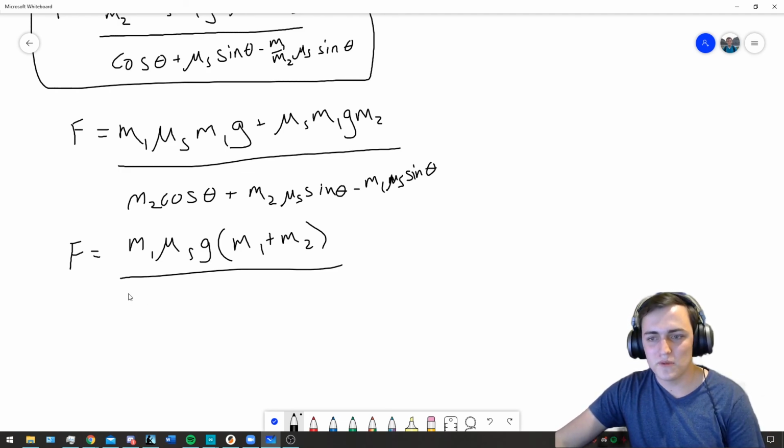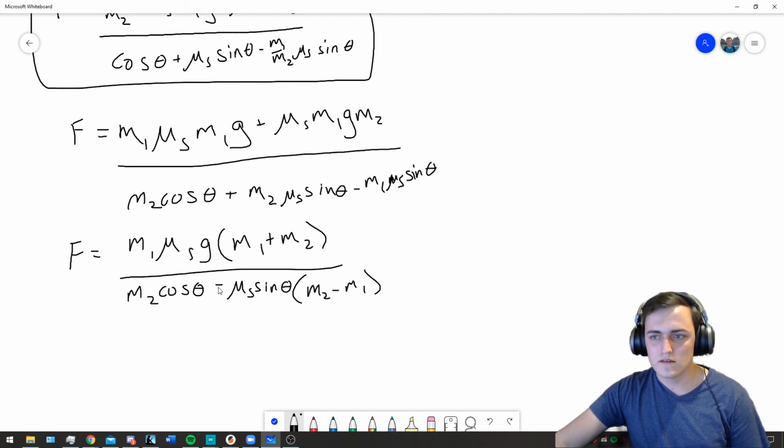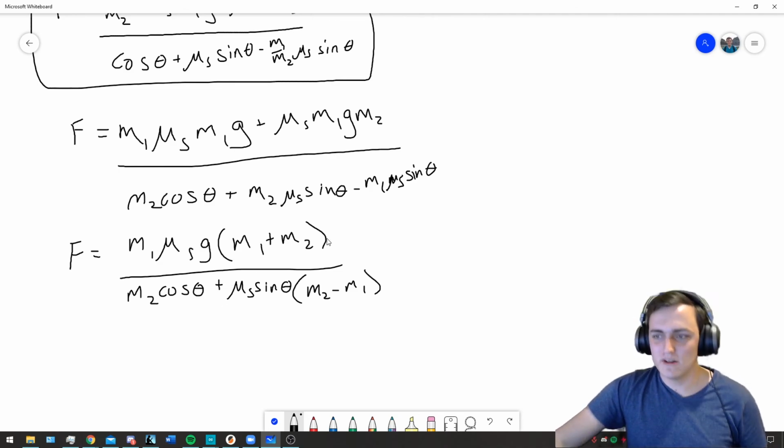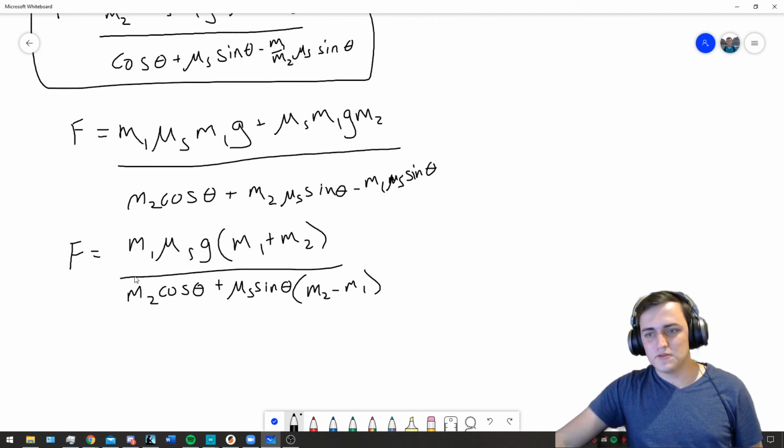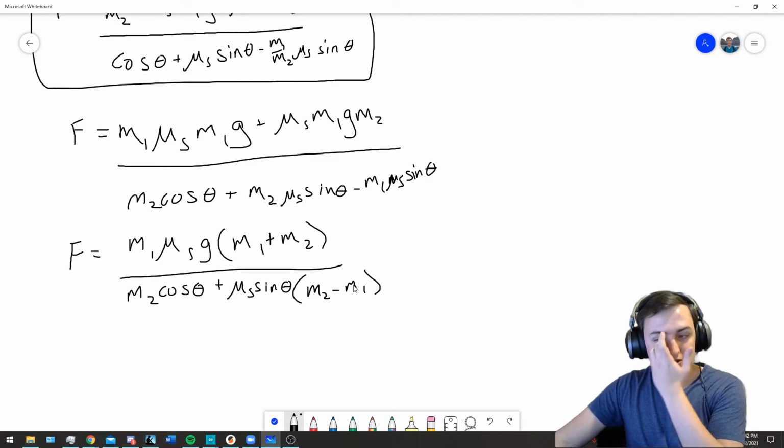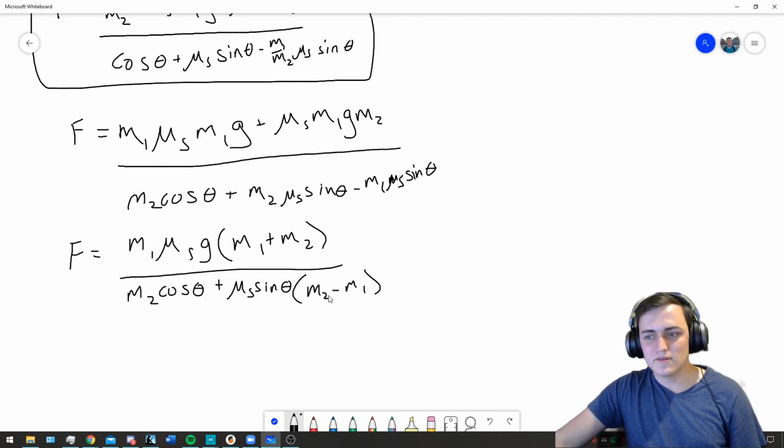And this looks a little cleaner. And then down at the bottom, we have m2 cosine theta minus mu sub s sine theta times m2 minus m1. Whoops, it should be plus, yeah, plus. That plus comes down. We just have that minus m1. And so this is pretty simple. The answer key takes this negative m2 minus m1.